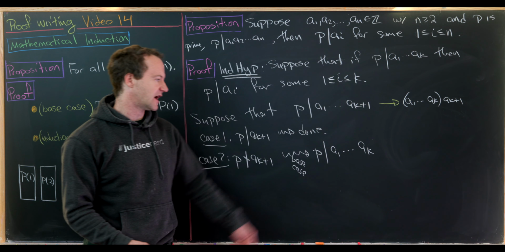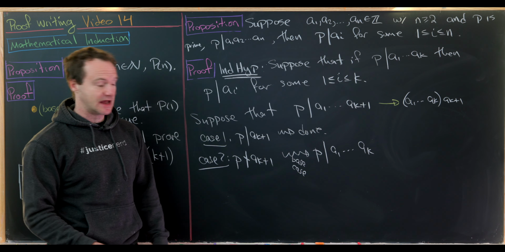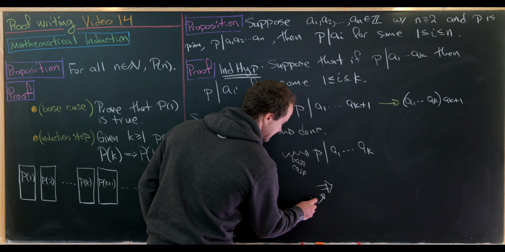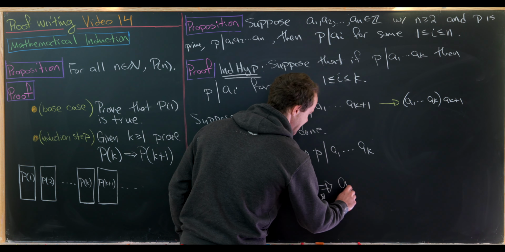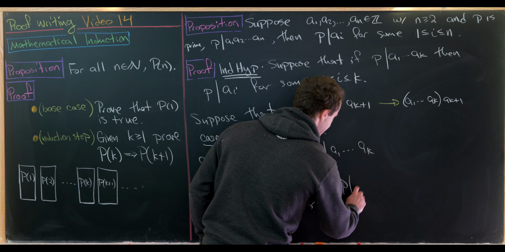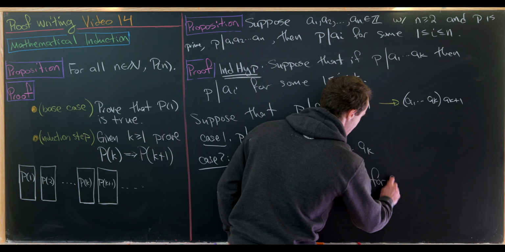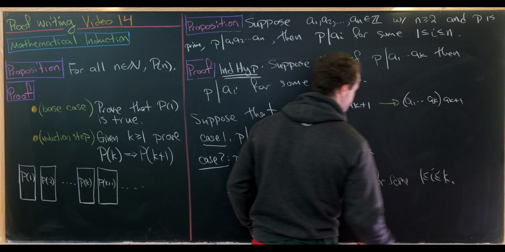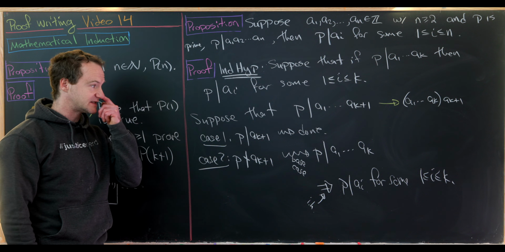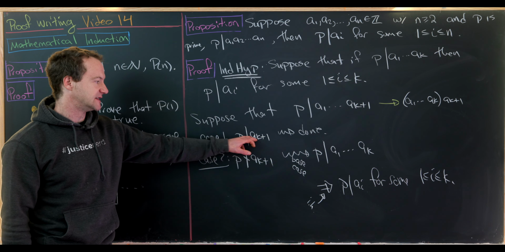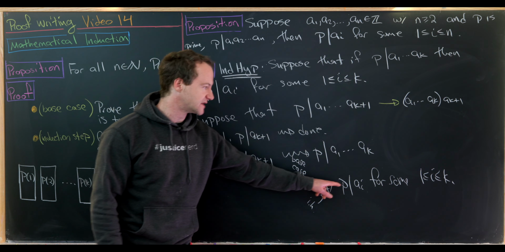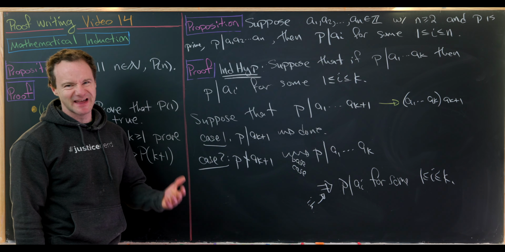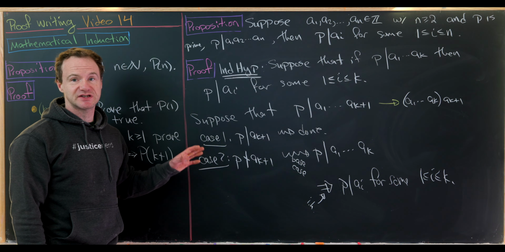But now if P divides this product A1 up to AK, then by the induction hypothesis, that means P divides AI for some I between 1 and K. Okay, so let's see it. Either P divides AK plus 1, or it must divide one of the AIs between 1 and K, but that's exactly what we needed to finish this statement off.